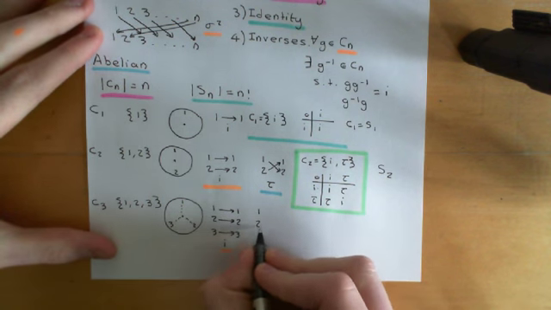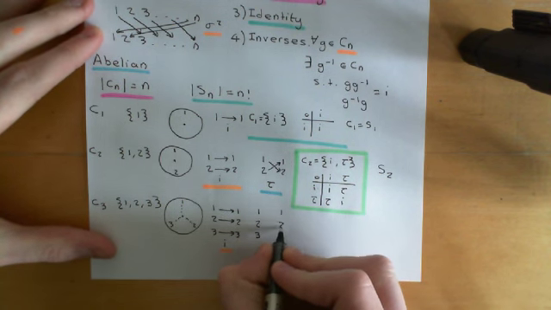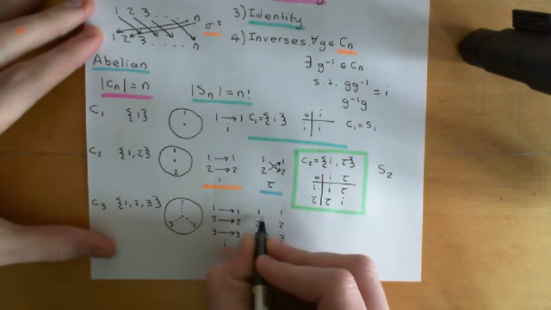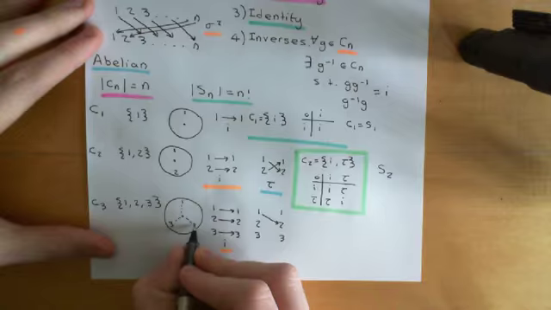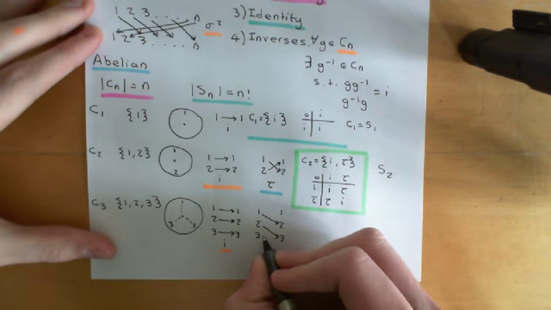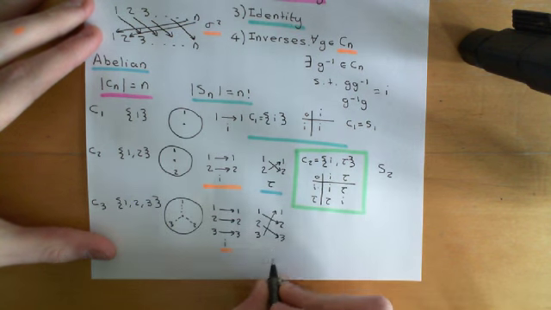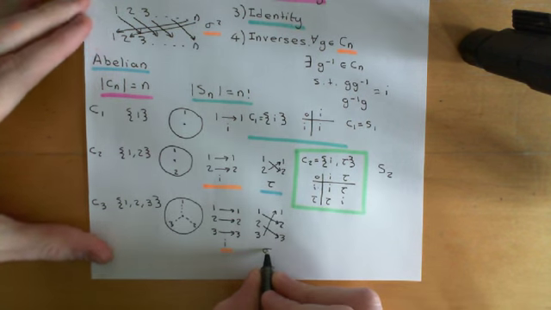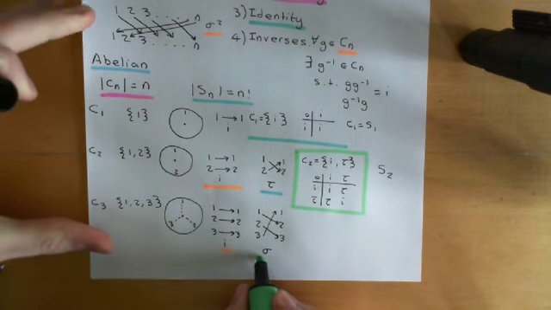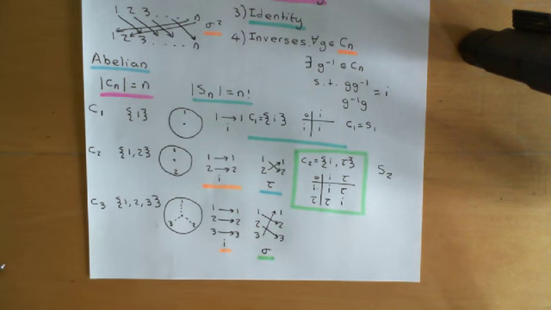Well, let's think about this. So if I just draw the numbers out ready, where does 1 go when we rotate by 120 degrees? It will go to where 2 is. Okay, where does 2 go? Well, it will go to where 3 is. And where does 3 go? Well, it will go to where 1 is. Okay, and we will call that rotation by 120 degrees sigma. That's the common way that you denote rotation, basically. Okay, so we'll call this sigma.